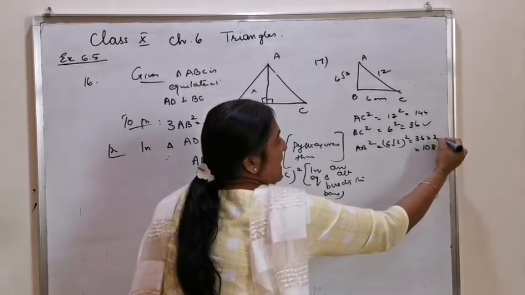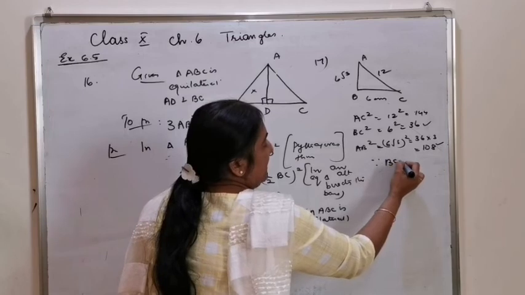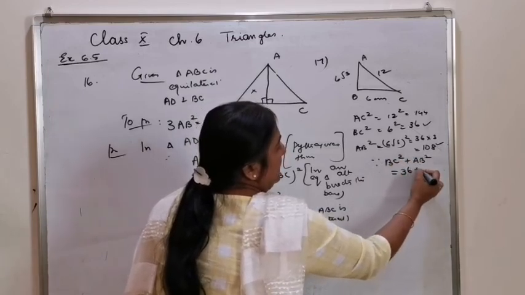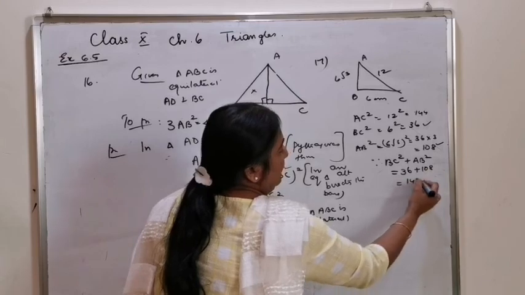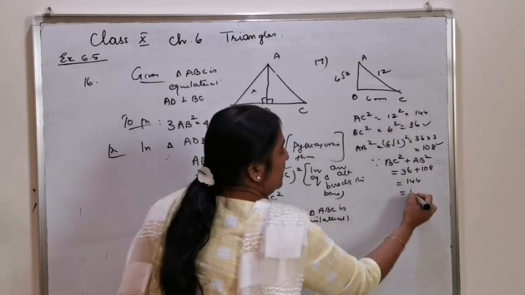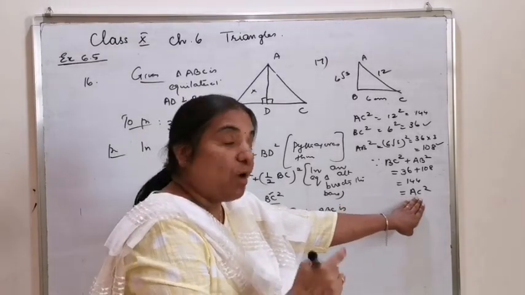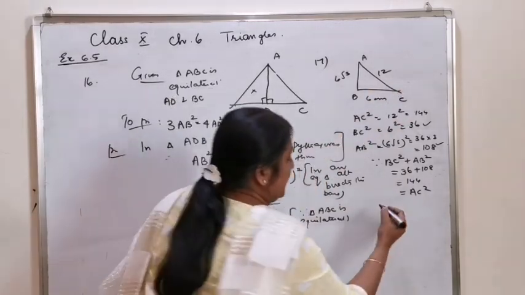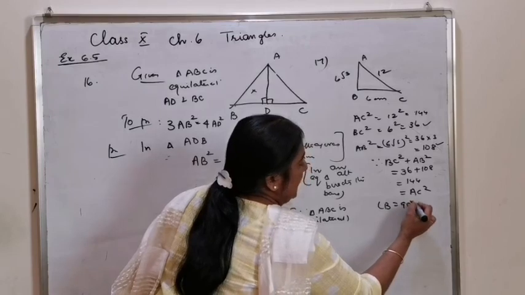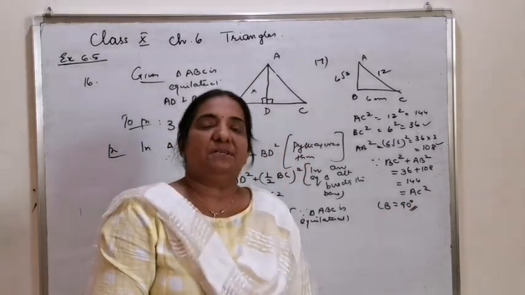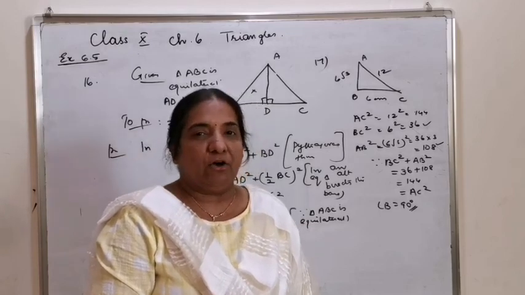And if you add, BC square plus AB square is 36 plus 108, equal to 144, which is equal to AC square, so the angle opposite to AC, that is angle B, is 90 degrees. This is like checking whether the three measures are the measures of a right triangle or not.